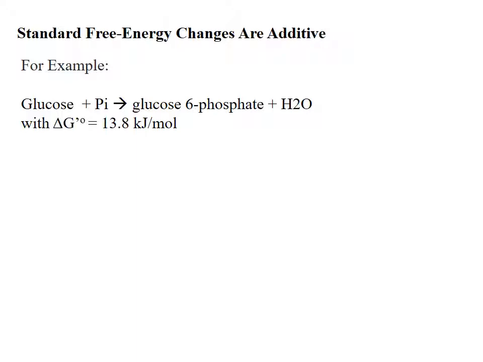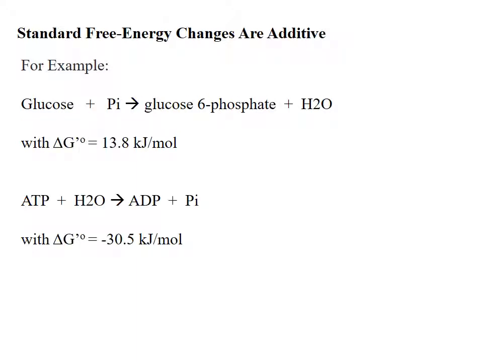It's catalyzed by hexokinase. Now the delta G prime 0 for this reaction is 13.8 kilojoules per mole. Let these two compounds sit with each other for 10 years, they're not going to react spontaneously, obviously. So what do we do?